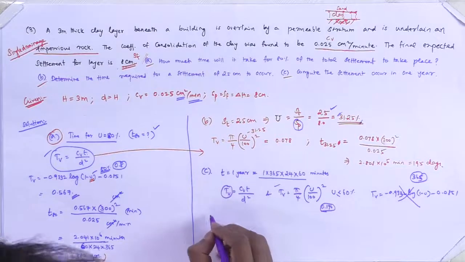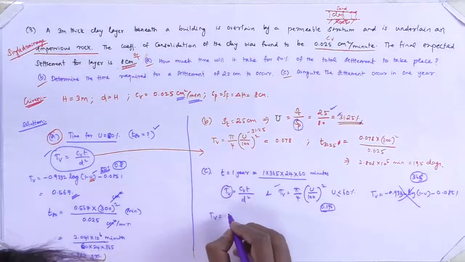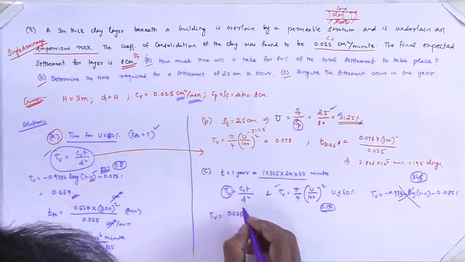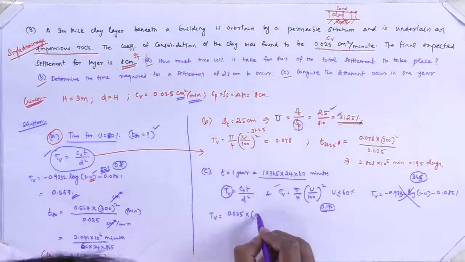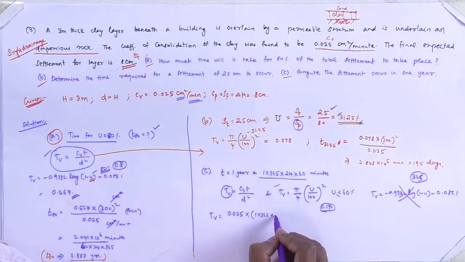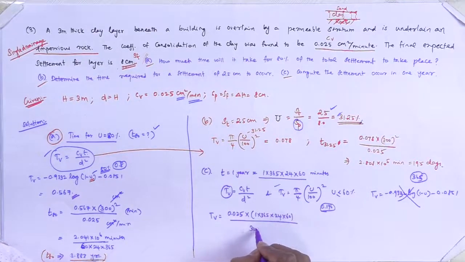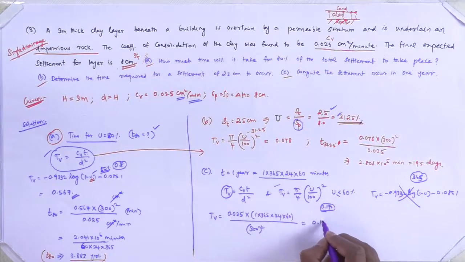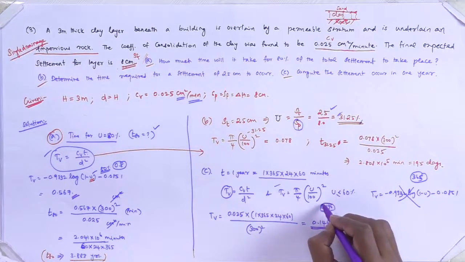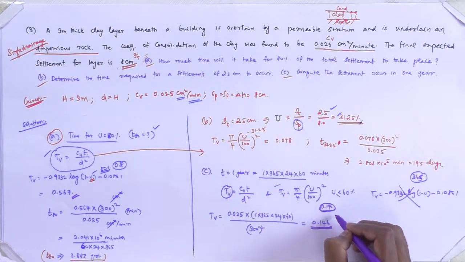TV equals CV, 0.025, into time 365 into 24 into 60 minutes, divided by D square. So we get TV value as 0.146. So usually for 50% of consolidation we get 0.196, and here it is 0.146.